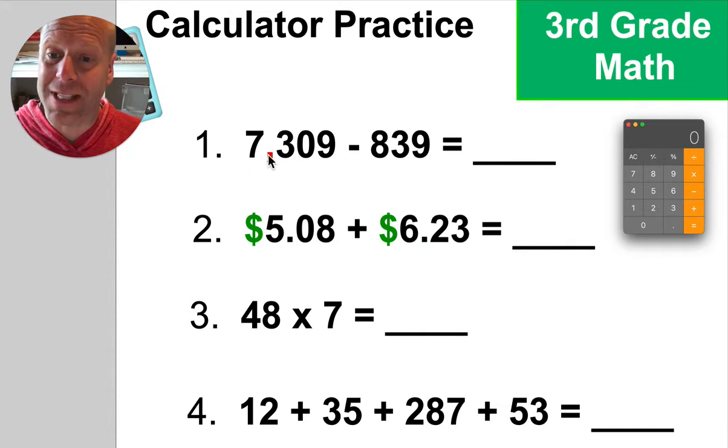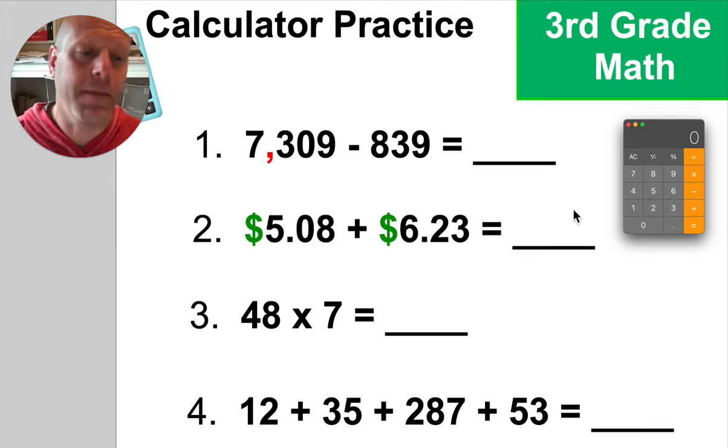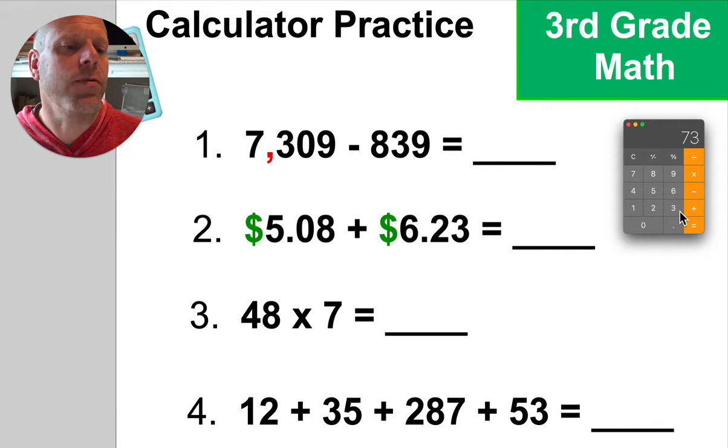So I'm going to start with 7,309. You might notice that on paper, you will see a comma, right? You won't put that comma in for most calculators. That's why I put it in red, because it's not going to be there.